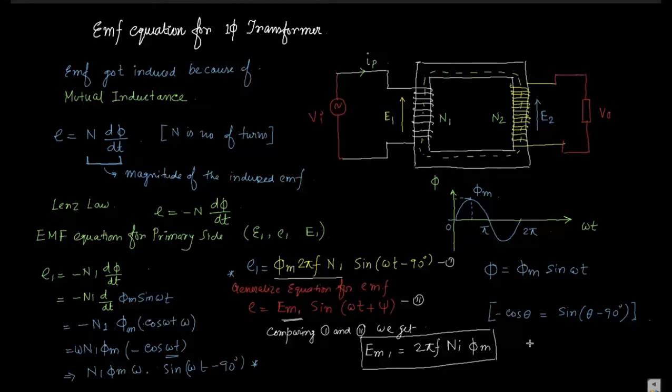And psi, the phase difference, becomes minus 90 degree. That is the phase difference of the EMF along with the phi. This psi equal to minus 90 degree denotes the phase difference between the phi and the induced EMF in the primary side or the secondary side. I am telling you why I am going to tell you the primary and secondary side. So can I change this page?